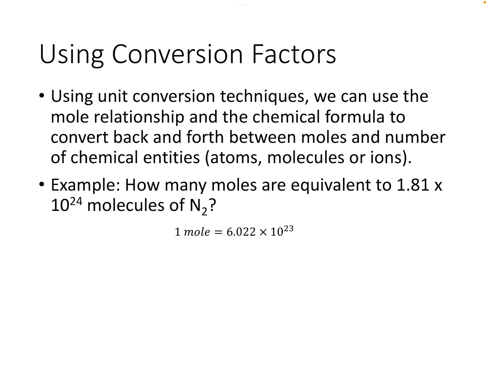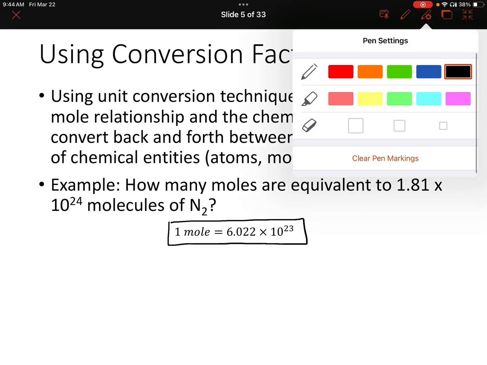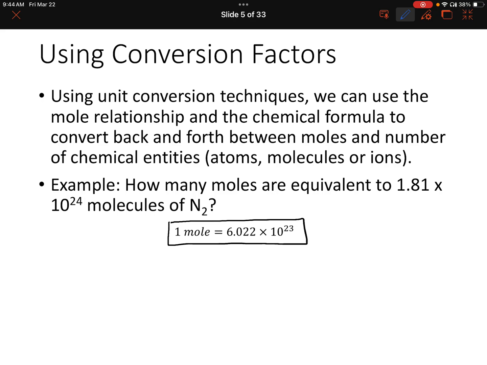Let's just do an example together and figure out how many moles are equivalent to 1.81 times 10 to the 24th molecules of N2. Okay, so we have our equality down below. And let's figure out what we're solving for and what we're given, because that will help us set up our dimensional analysis. So it looks like we're being asked to solve for moles.